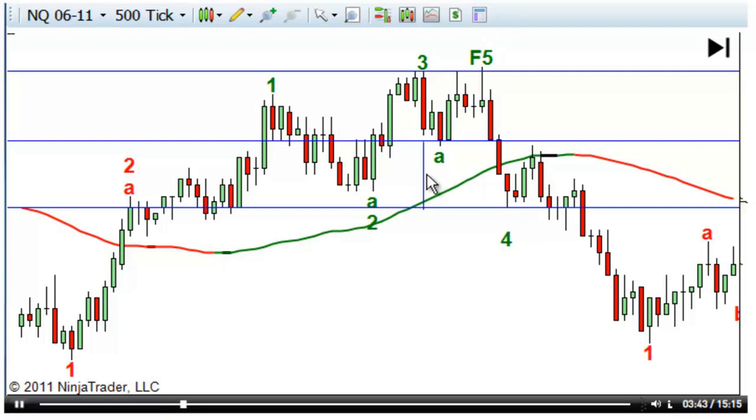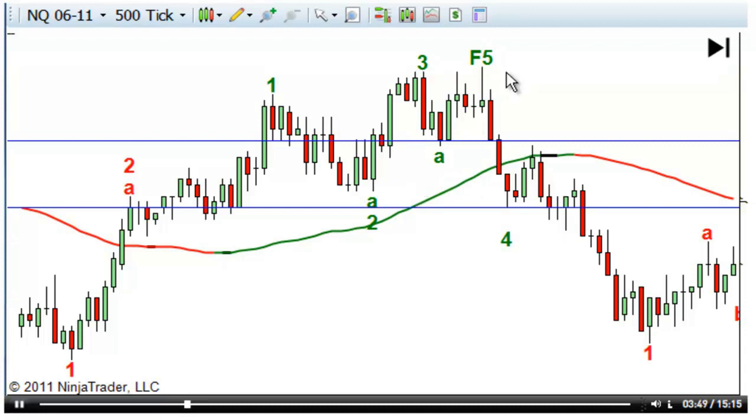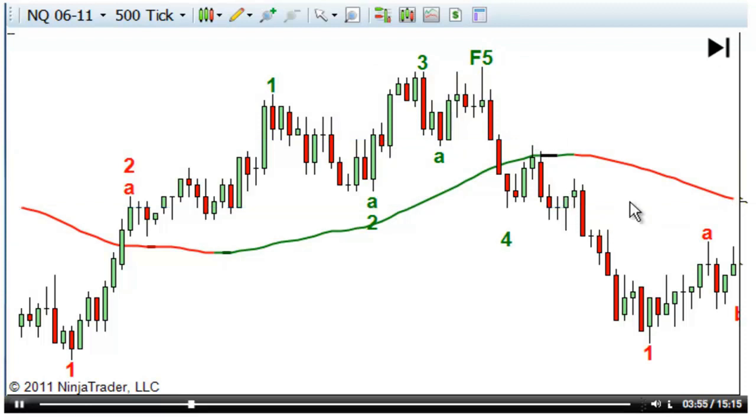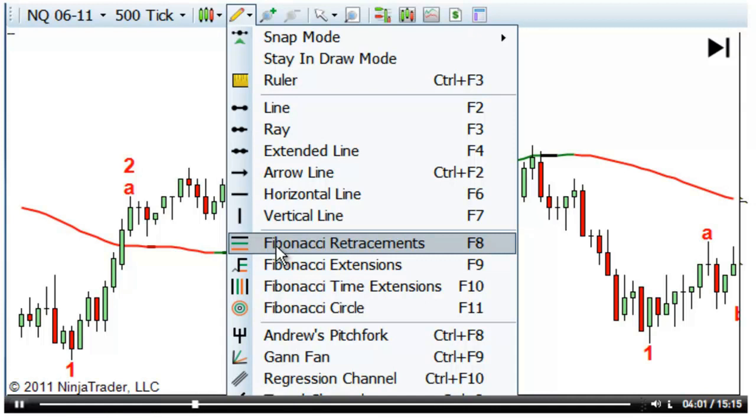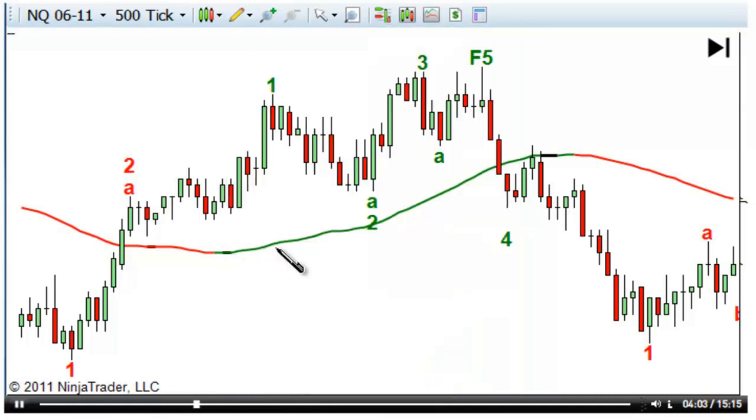Now, another way to do it, other than doing all of that geometry and all these different levels and drawing tools, that's kind of a lot of work to do when you're trading intraday. So another thing you can do is use your Fibonacci retracement tool, and we can draw that from there to there.